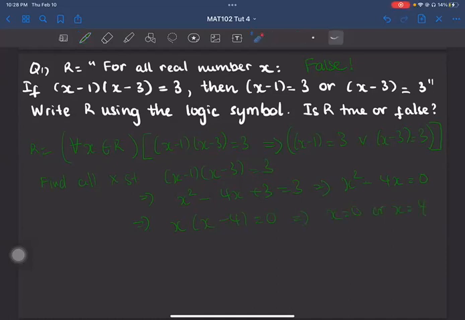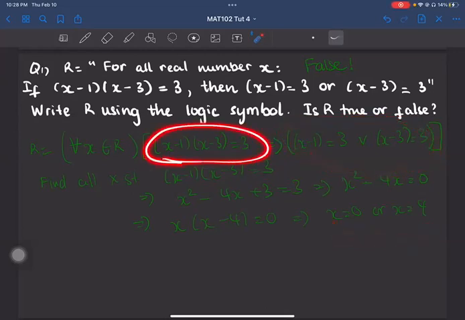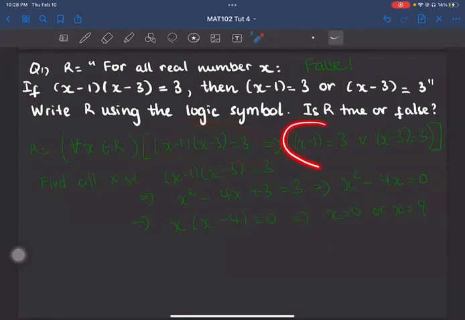Okay, so for a problem like this, when you have already found the x that satisfy the if statement, you will plug those values of x into the then statement to see if that x satisfies the if statement but doesn't satisfy the then statement, which means the whole implication is false. If you check all values of x that you found here and the implication is always true, then the statement is true for all real number x.